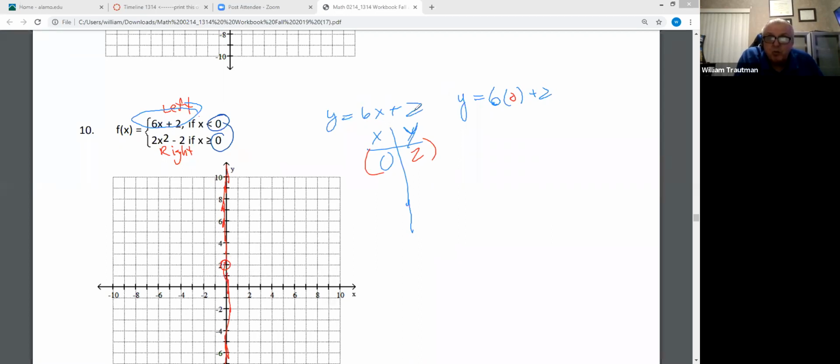And then another one, plug any other number in there. I'm just going to plug in x equals 1. 6 times 1 is 6, plus 2 is 8. So I got 0, 2, which is a dot right here, and 1, 8. If I connect the dots, I get this.